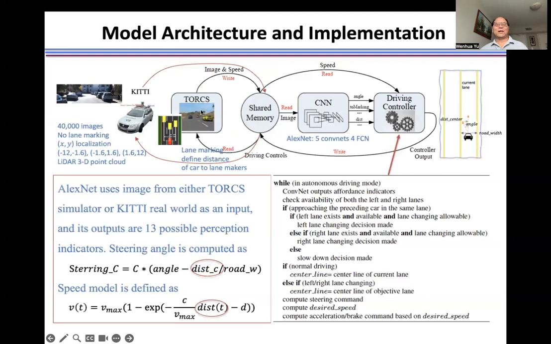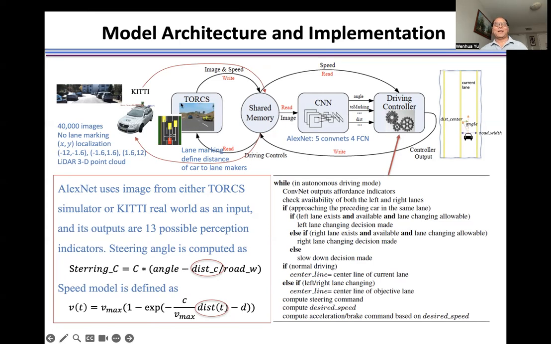For example, if we simulate the model on the TORCS simulator, we use a convolutional neural network that takes this screen capture as input to predict the certain indicators. The controller, based on these 13 indicators, predicts the driving decision. And then using this driving decision, the simulator drives the car.